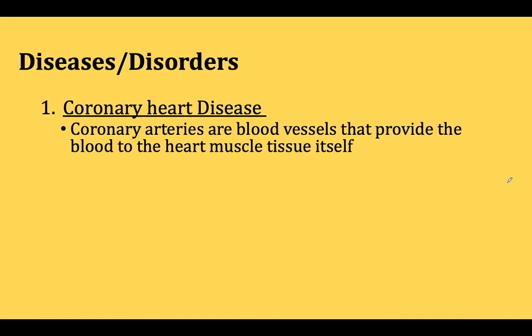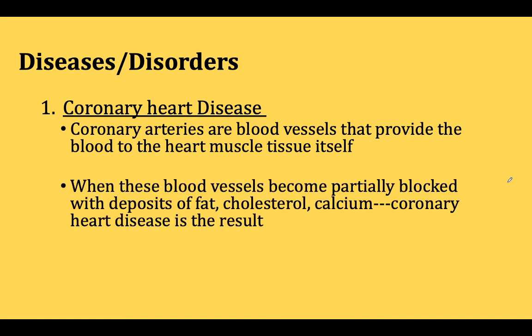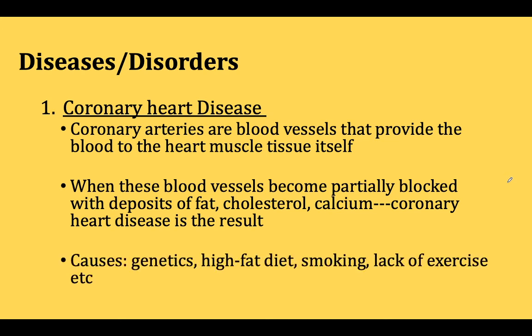And these coronary arteries provide blood to the heart muscle itself. And when these blood vessels become partially blocked because of fat or cholesterol or calcium, coronary heart disease is the result of it.